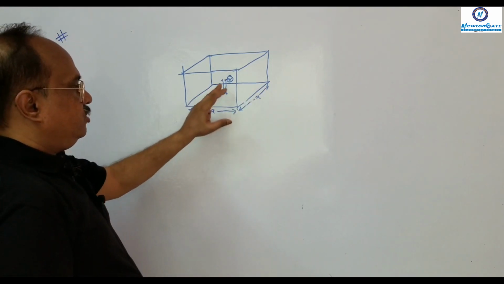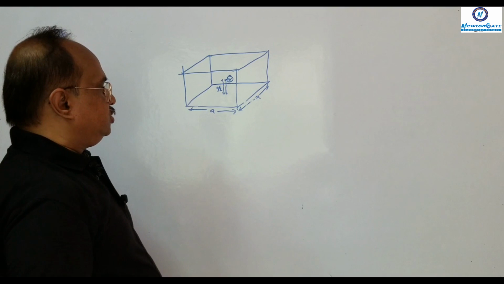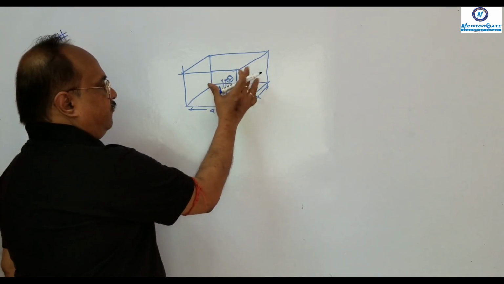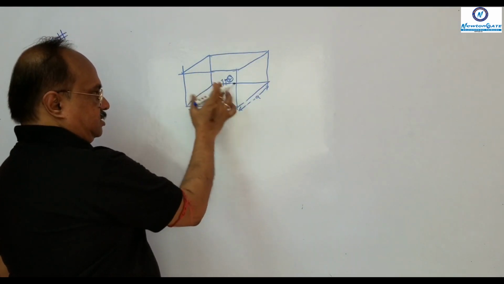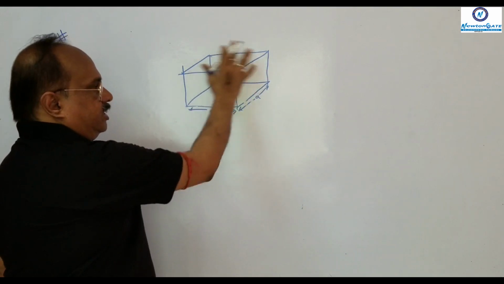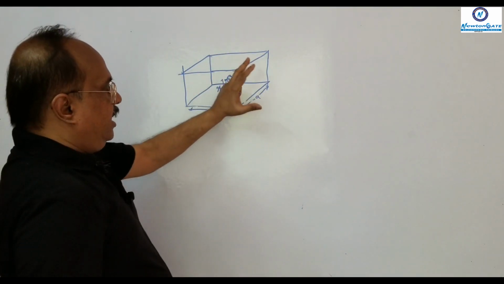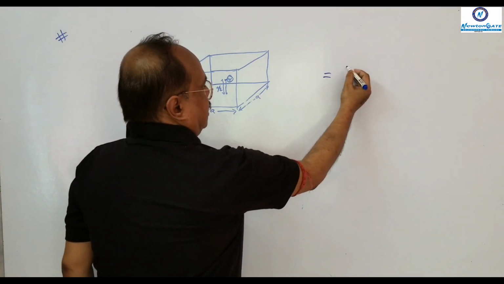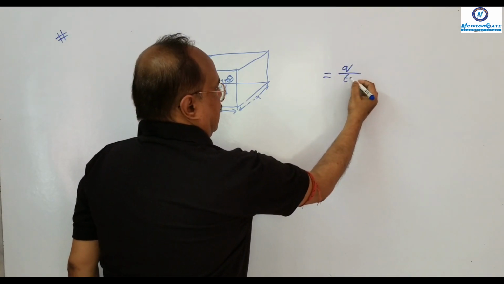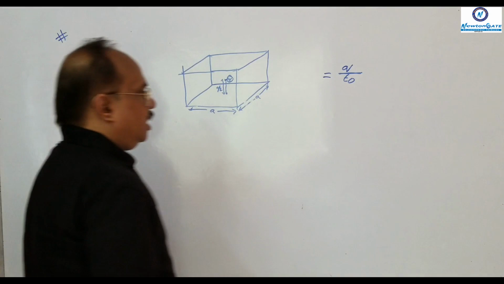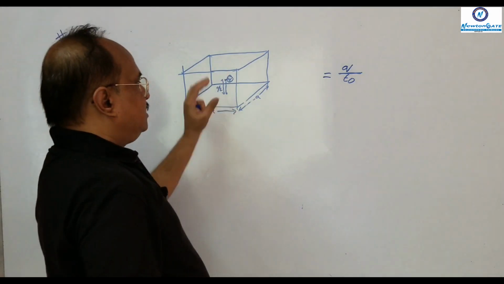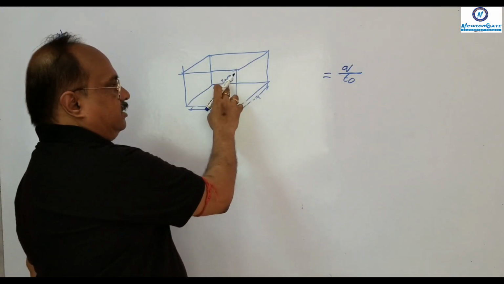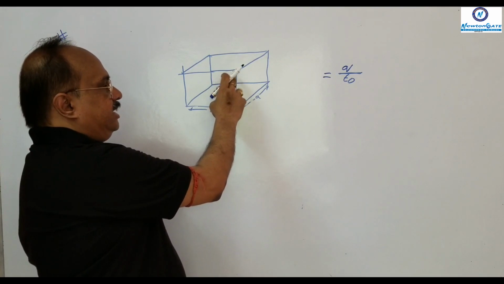Now I can say, according to Gauss's theorem, the entire flux coming out of this enclosed box is equal to Q by epsilon naught, and that is the total flux coming out of this box. This Q is kept symmetrically inside the box.